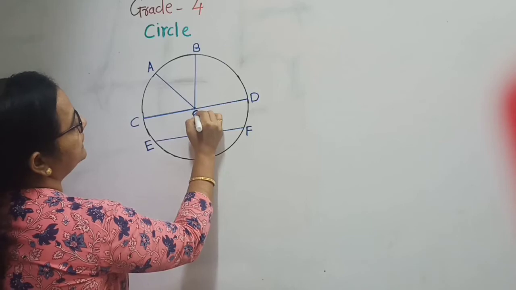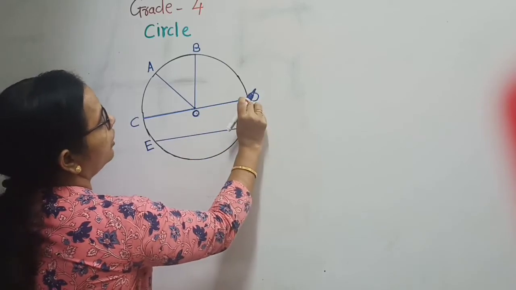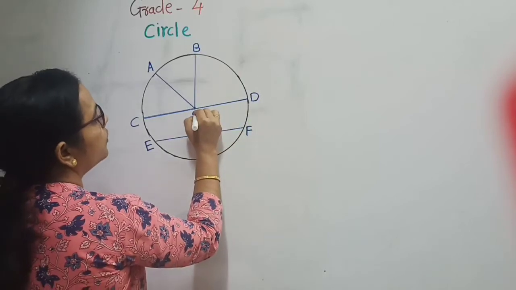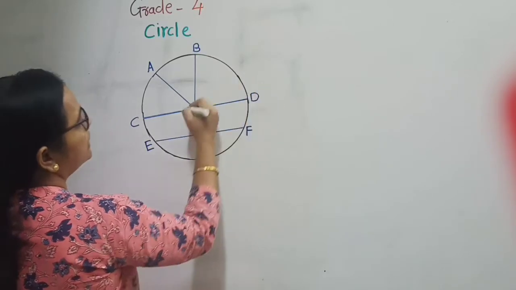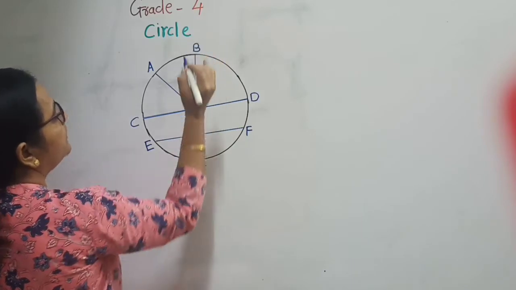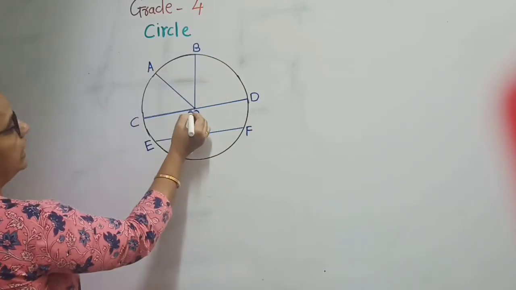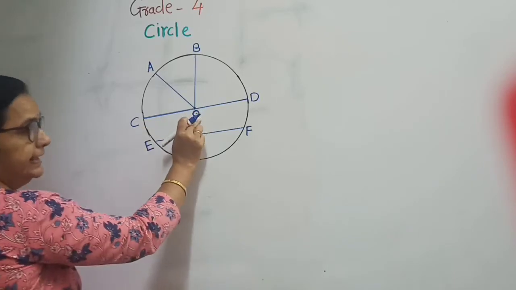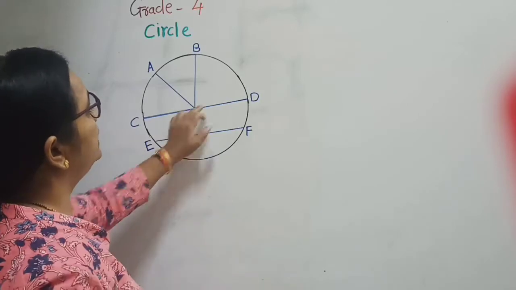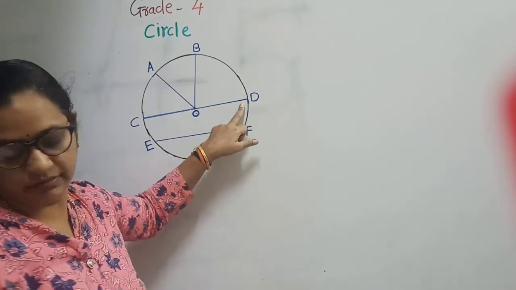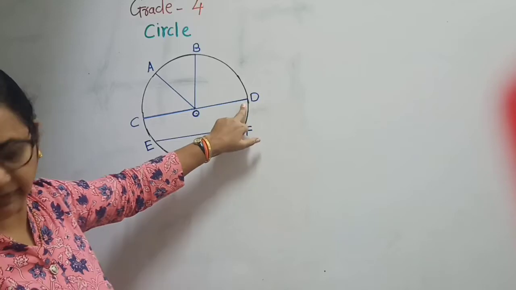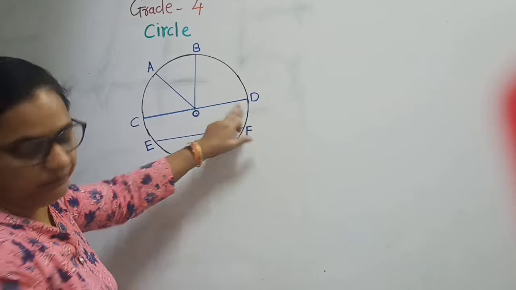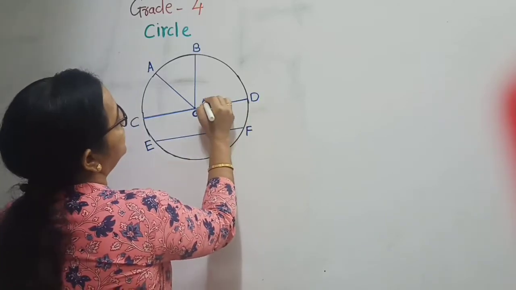From O to D, O to B, O to A, O to C, from the center point O to the points on the circle.